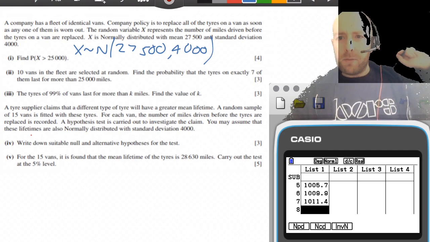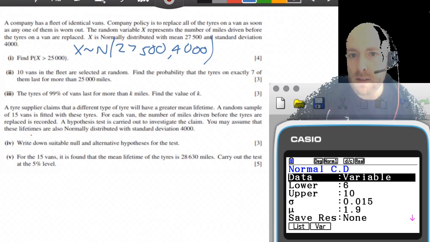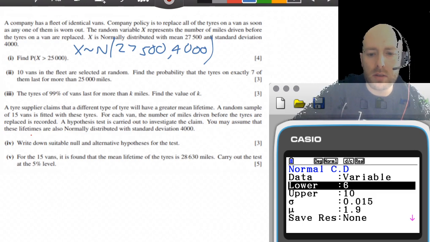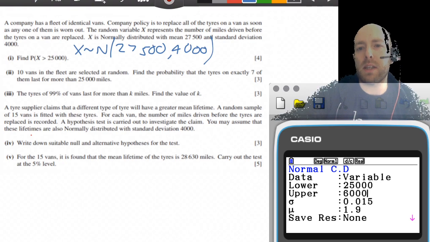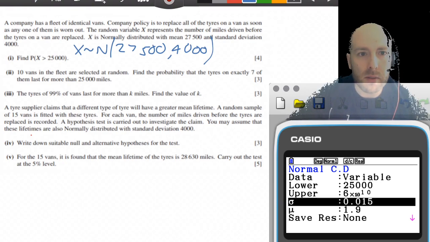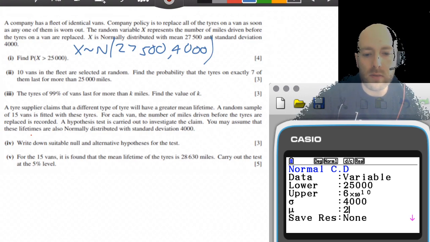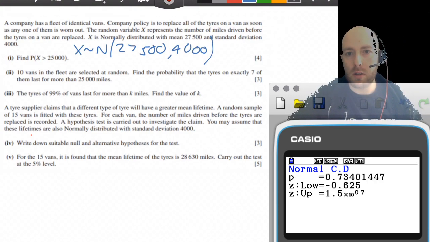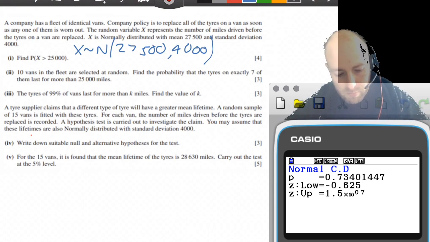I will find p, so we're using NCD. Lower is 25,000, upper 6 billion, sigma 4,000 and mean 27500. So you get 0.73.